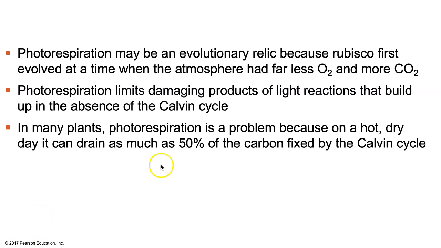But what it does is it is able to limit the damaging products that the light reactions create, which could build up in the absence of the Calvin cycle. And in many plants, photorespiration is a problem because on a hot, dry day, it can drain as much as 50% of the carbon fixed by the Calvin cycle.